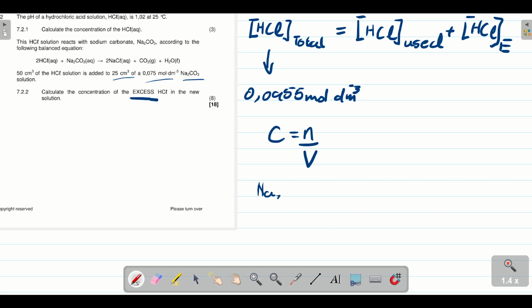For sodium carbonate, let's just write down what they gave us. They gave us volume at 25 cubic centimeters, and they gave us concentration at 0.075 moles per decimeter cube.